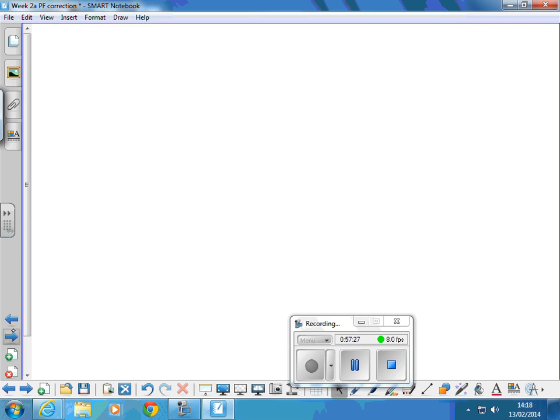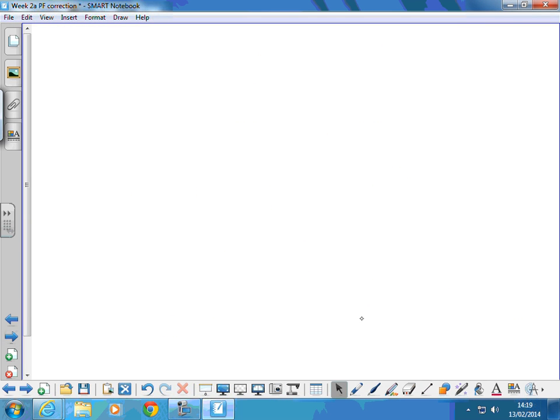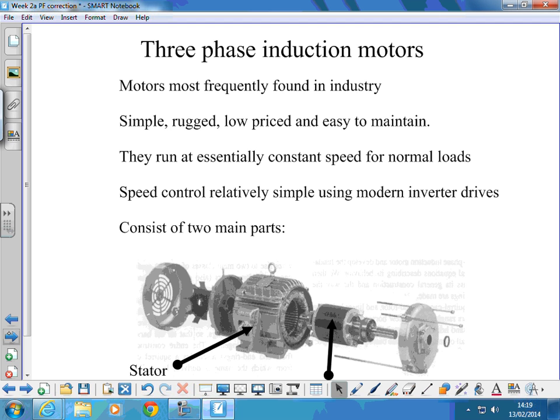Right, here we go. Okay, gents, three-phase induction motors. They're probably the most frequently found AC motor in industry. All motors really. Simple, rugged, low priced and easy to maintain. That's the induction motor.